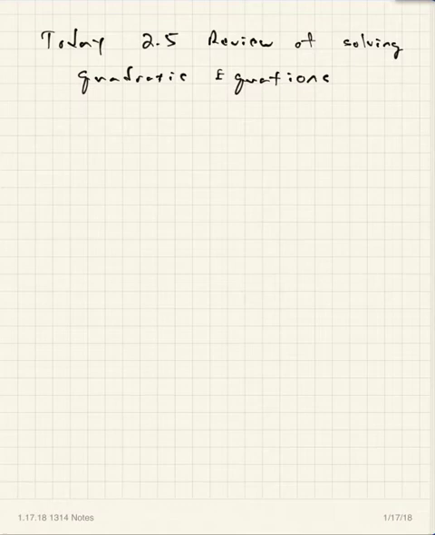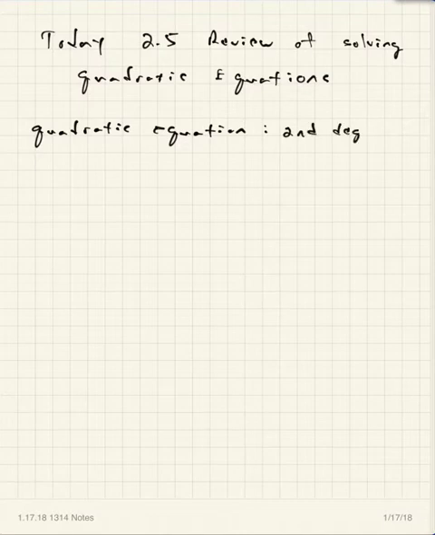And remember that a quadratic equation in general is a second degree polynomial equation. What that means is that it's got to have a second degree term in it. It's got to have an x squared in it.